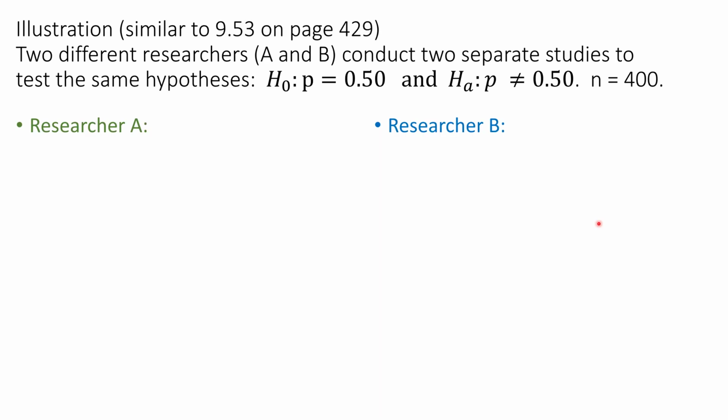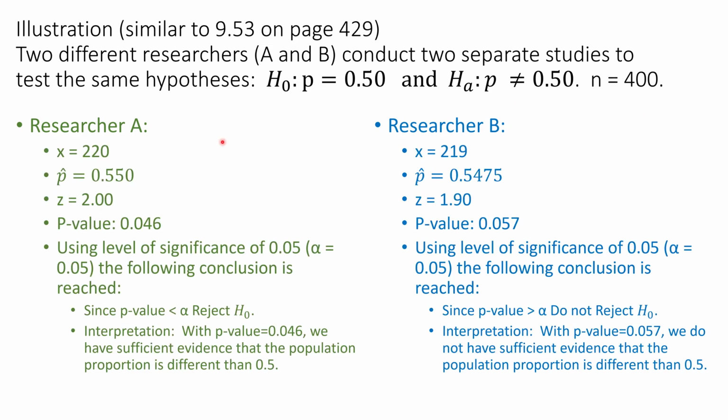Here is an example. We have two different researchers conducting two separate studies to test the same hypothesis. Is p equals 0.5 or p doesn't equal 0.5? The sample size is 400.